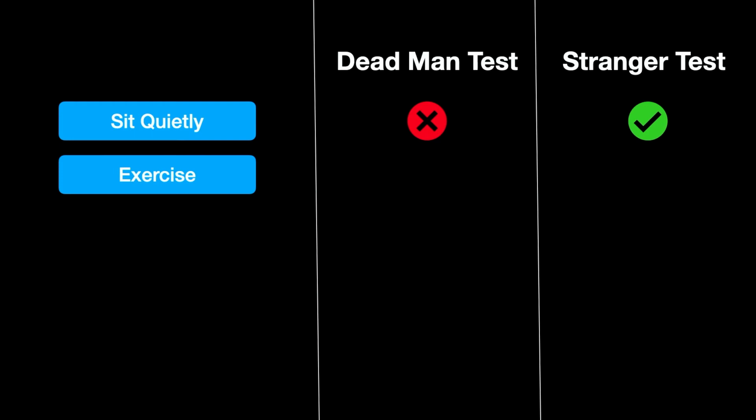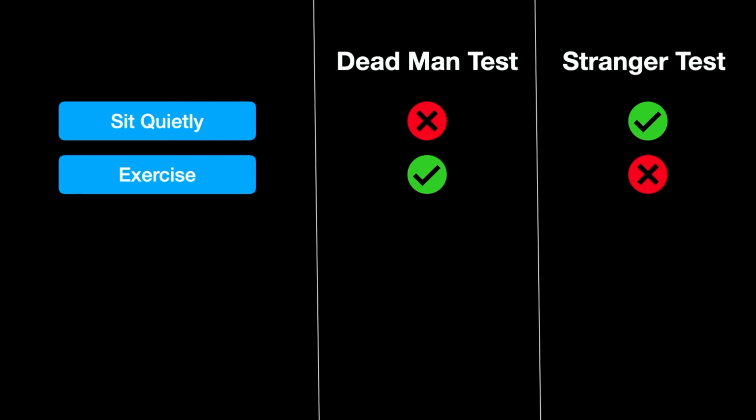What about exercise? Now, exercising is something the dead man can't do, so it does pass that. But what is exercise? A stranger might think that running is exercise, or this is why exercise plans really need to be detailed. It's not, I'm going to go to the gym and exercise. Not enough. I don't know what that is. Is it walking around the track, doing some weights?